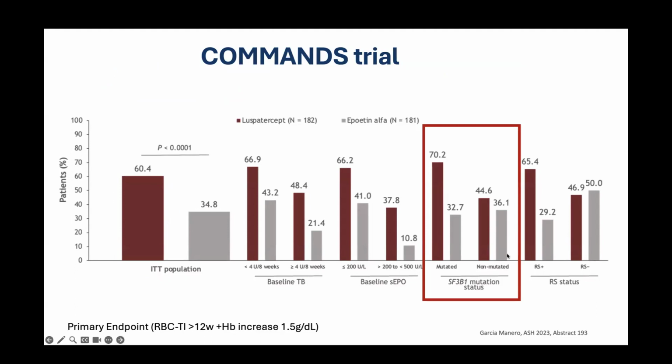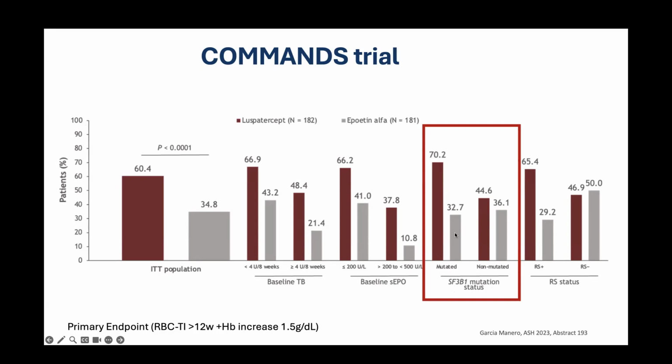So in this red box, I have marked out the difference. It says SF3B1 status at the bottom. And this is showing the percentage of patients who met their primary endpoint, which meant that they became transfusion independent for a longer period of time. People who had the SF3B1 mutation had like a 70% response rate versus those who did not have that mutation only had about a 44% response rate.